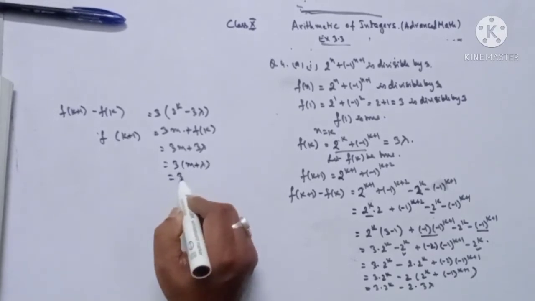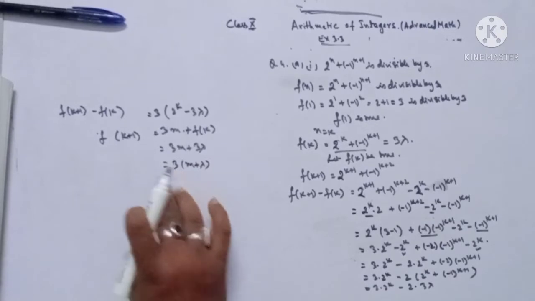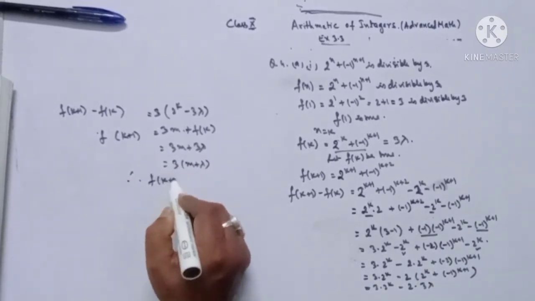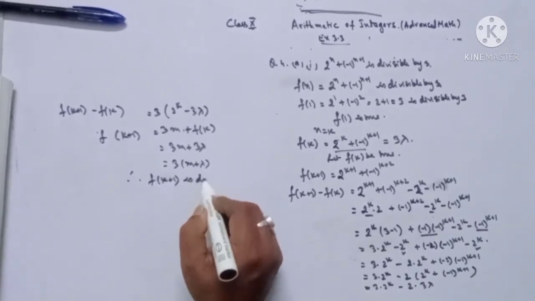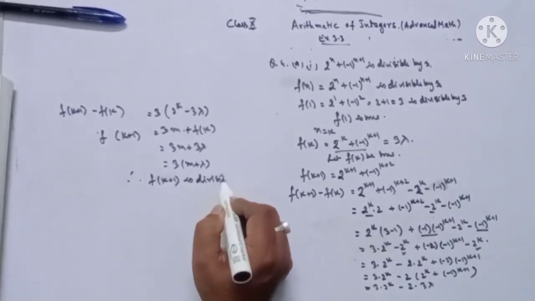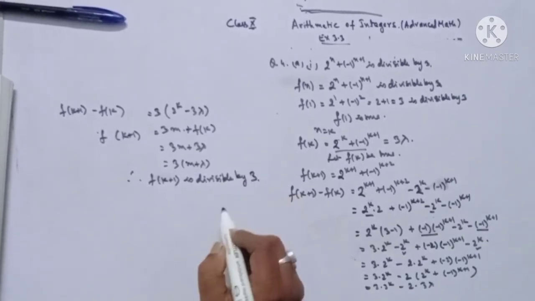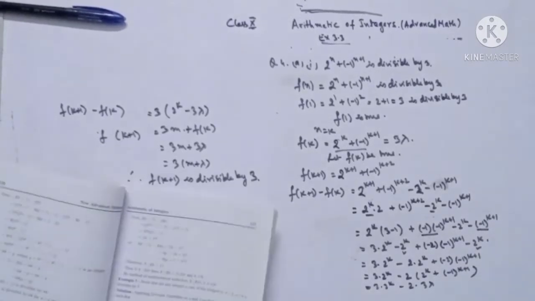Therefore I can say that f k plus 1 is divisible by 3, which is as per what is written in your book.